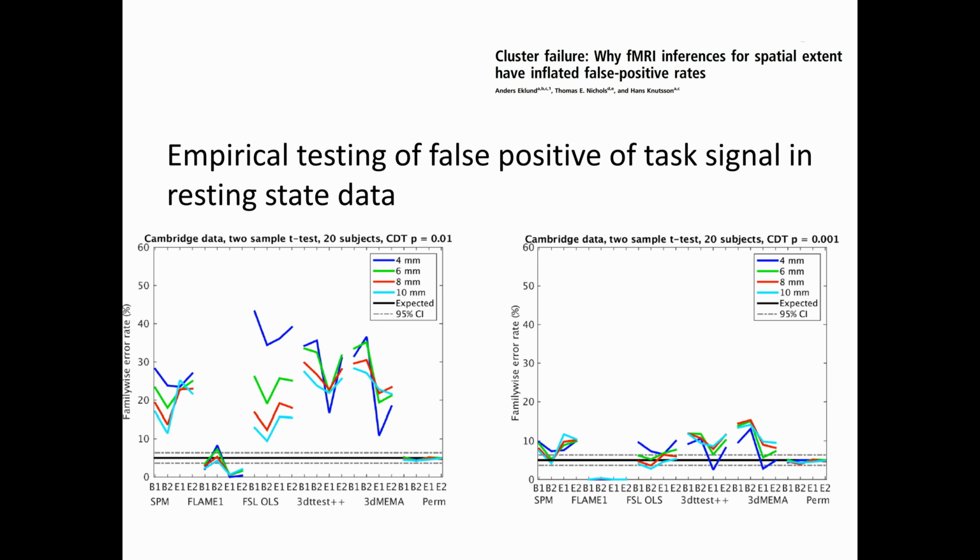In fact, in some ways, you can say that 40% of the time you could have published this resting state data, or gotten a false positive. Depends on which way you're looking at it, glass half empty, glass half full.